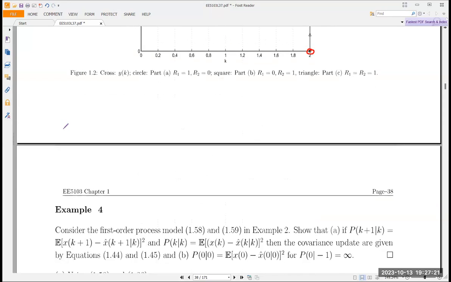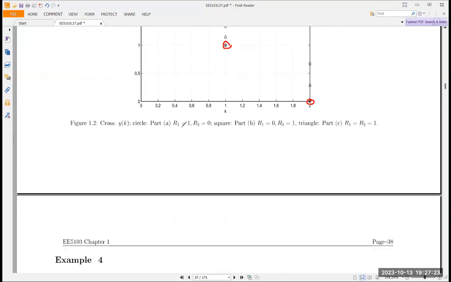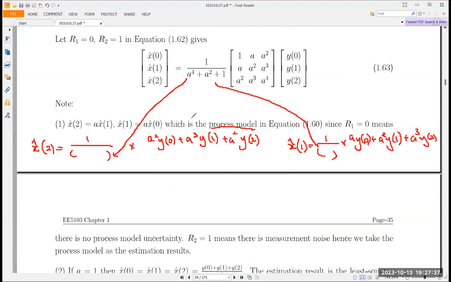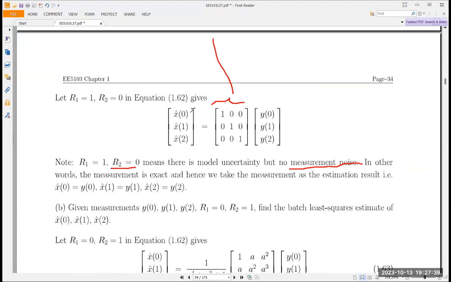Also notice what the cross is. The cross is the measurement, and the circle is the part A estimation. We already said, for part A, because your gun is a $10,000 gun and your thermometer is a 50-cent thermometer, your estimation is equal to your measurement.